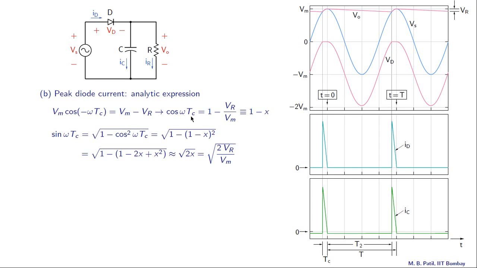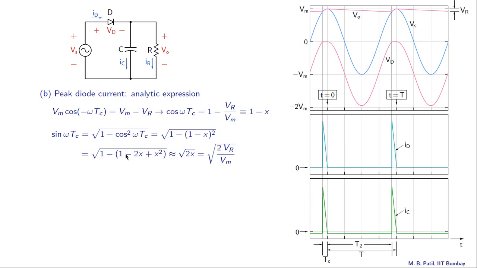Alright, from cos omega Tc, we can write sin omega Tc as the square root of 1 minus cos squared omega Tc. So that is 1 minus the square of (1 minus x), since cos omega Tc is 1 minus x. And now let's expand this. We get 1 minus 2x plus x squared.